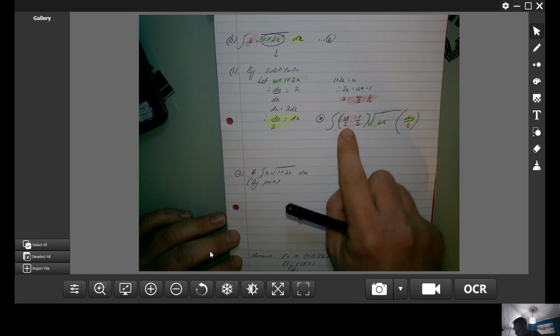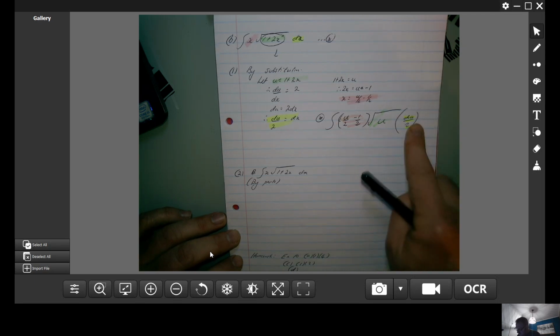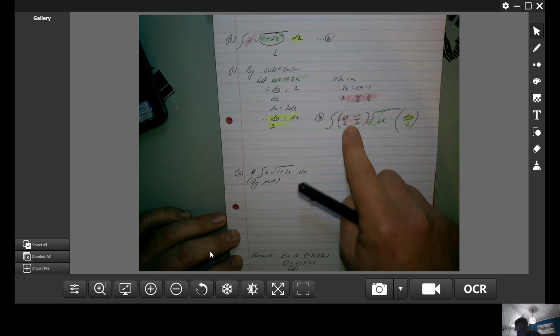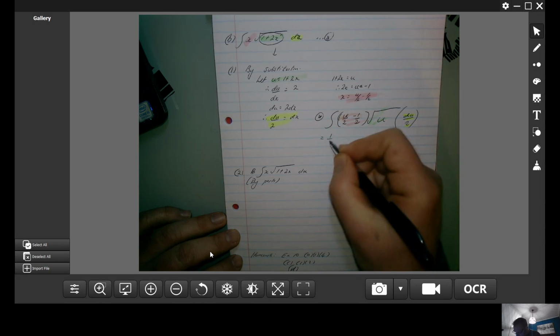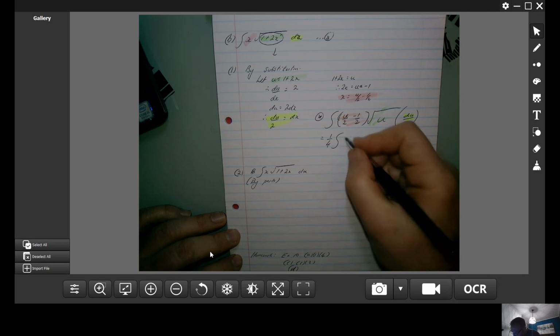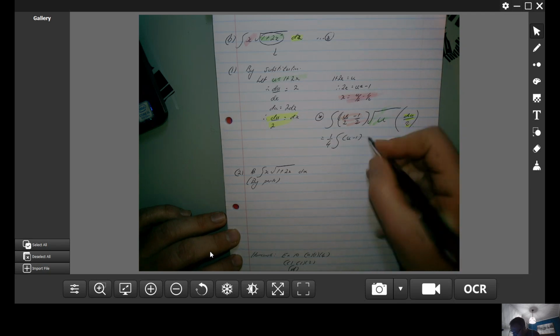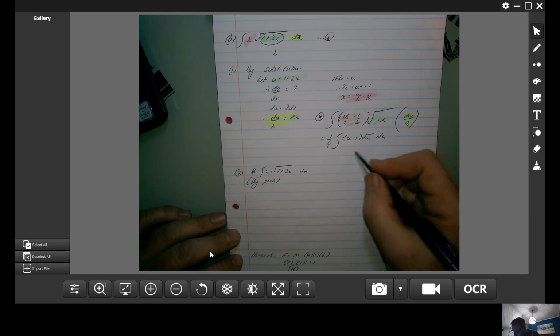So I can take out this 2 from here, so it'll be a half, and I can take out the other half, so a half times that half is a quarter. So I can take out a quarter, and I'm left with the integral of u minus 1 times root u with respect to u.